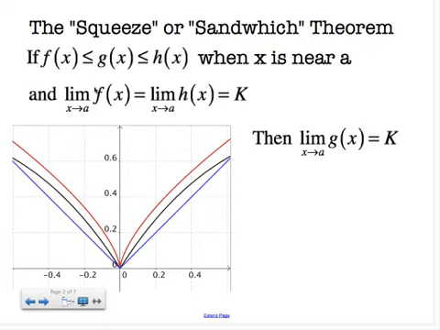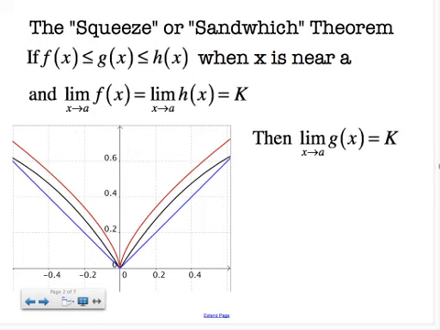And you are told, or you know, that the limit as x goes to a of f is the same as the limit as x goes to a of h. Let's call it k. So these two functions f and h have the same limit at a. Well, then it makes logical sense that g would have the same limit at a, because g is sandwiched or squeezed between f and h.